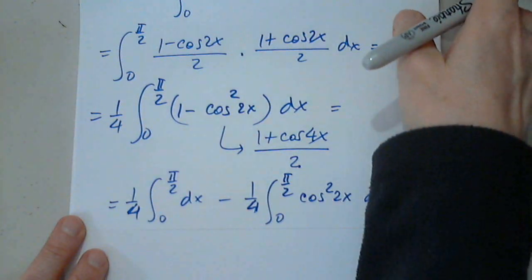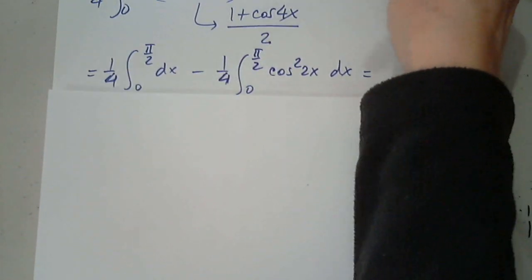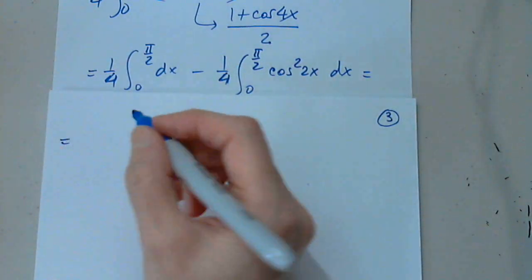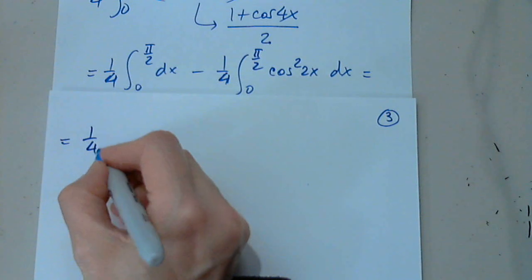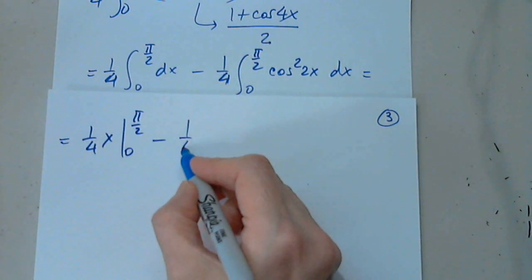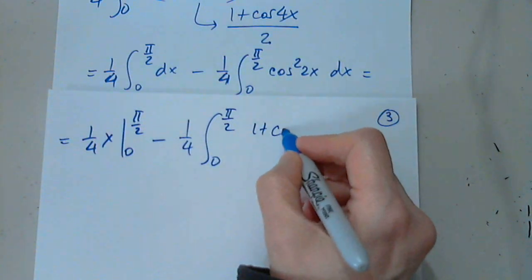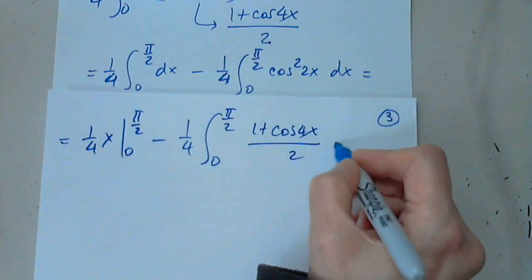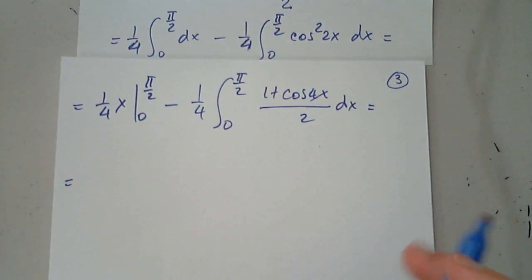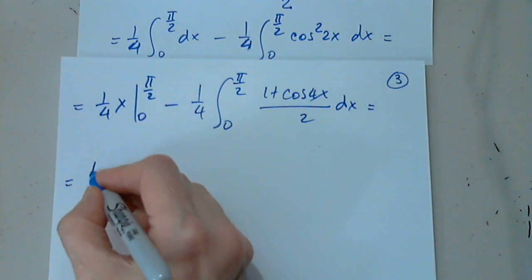Now I will replace it. And I think I'm on page 3. Yes. So here is 1/4 x from 0 to pi over 2 minus 1/4 the integral from 0 to pi over 2 of 1 plus cosine 4x divided by 2 dx. So let's evaluate this. 1/4 times pi over 2 is pi over 8.